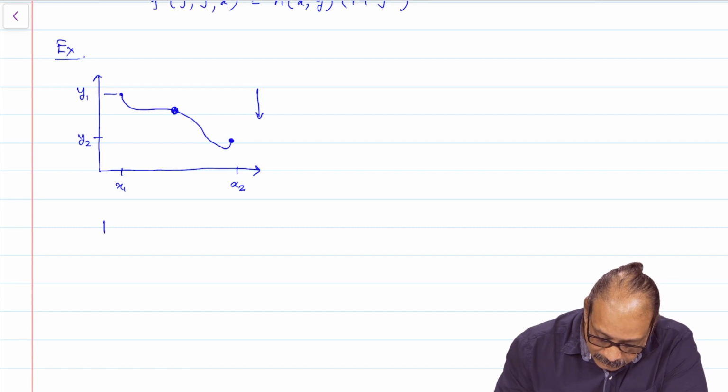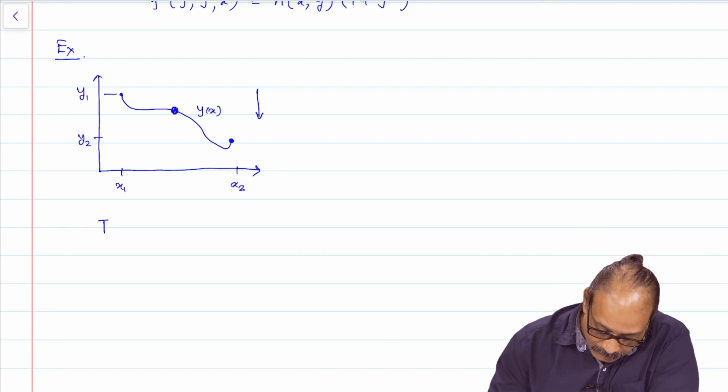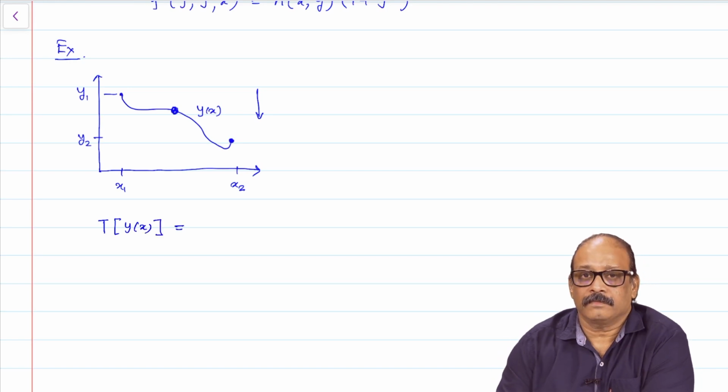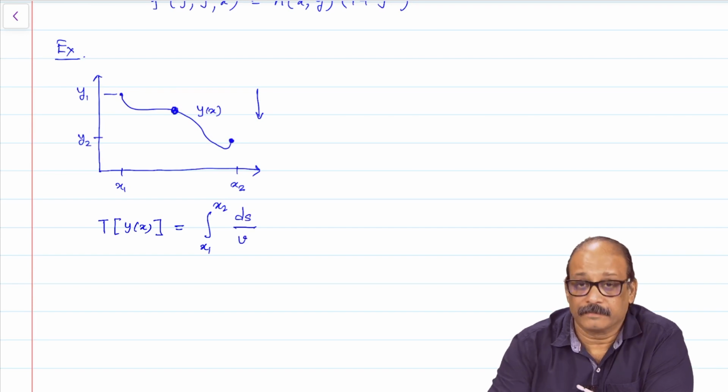If the shape of the wire is given, then the time taken is equal to, again similar to the previous problem, the integral from x1 to x2 of ds divided by velocity v.